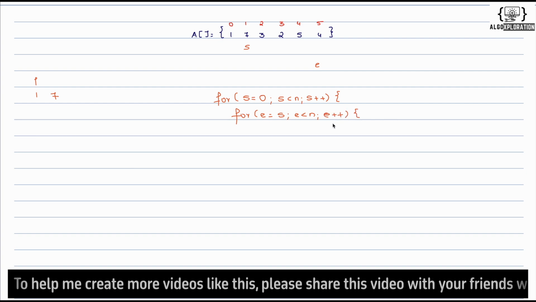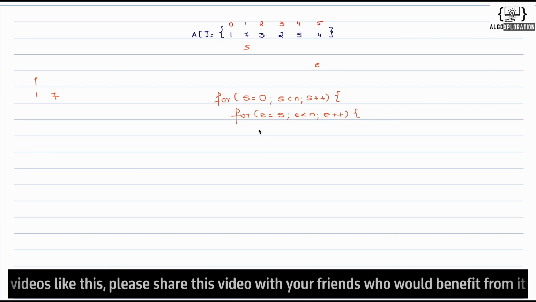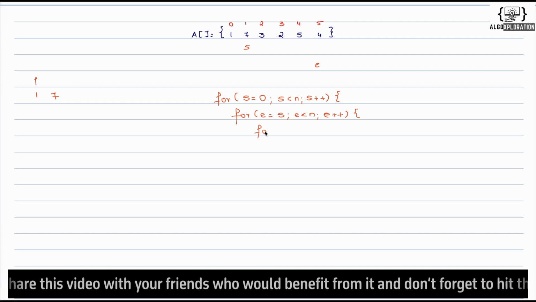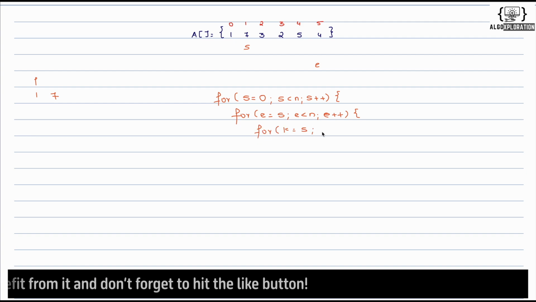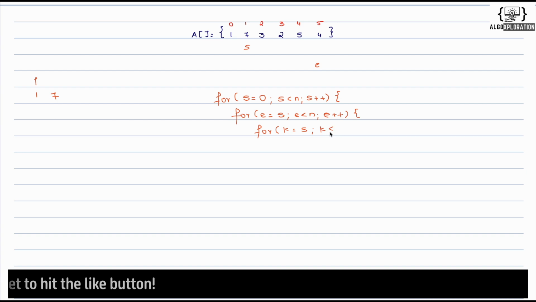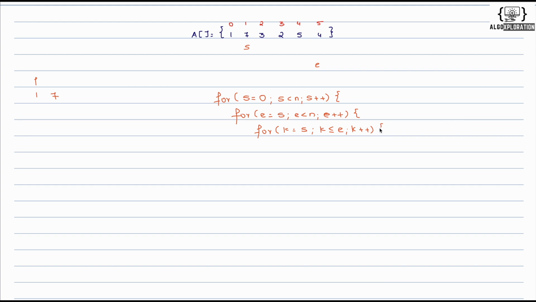Now here we have to iterate again from start to end. So k will start from s and go till e, and simply print a of k.